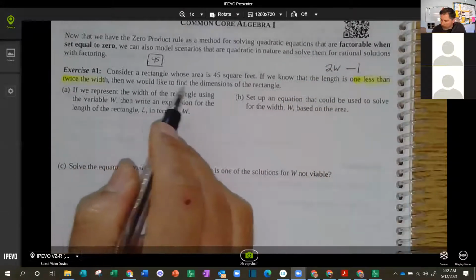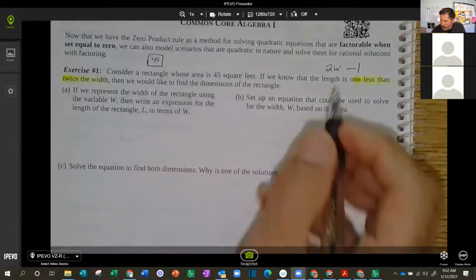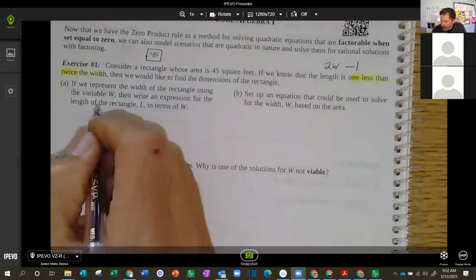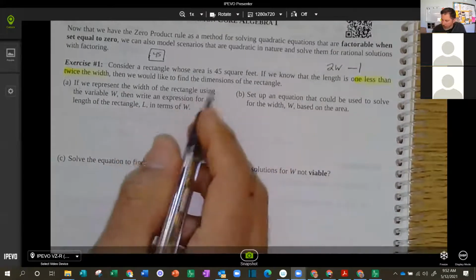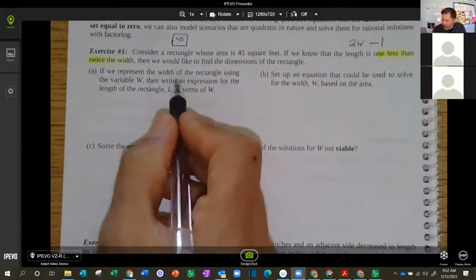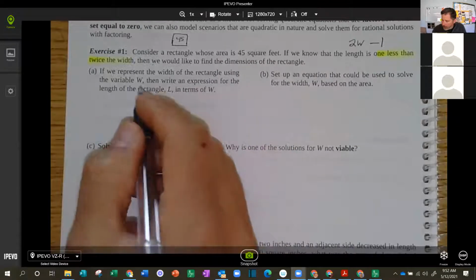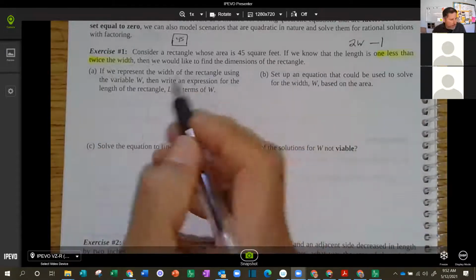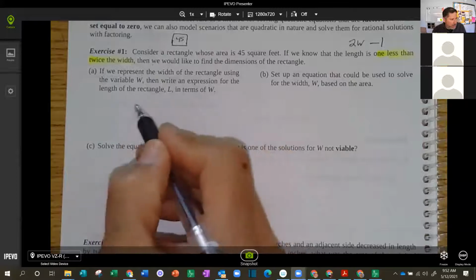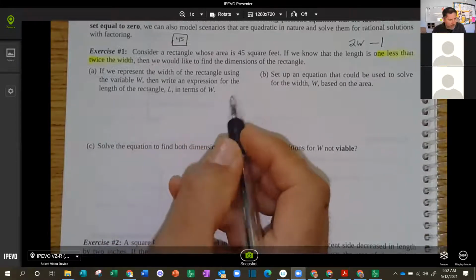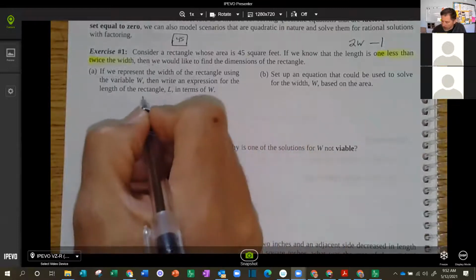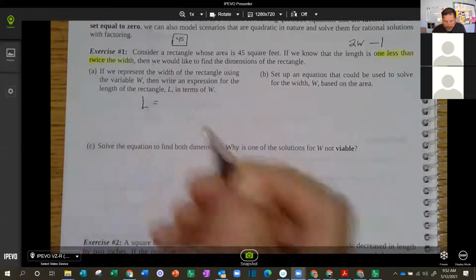Then we would like to find the dimensions of the rectangle. So if we know the length is 1 less than twice the width, we'd like the new dimensions. If we represent the width of the rectangle using the variable w, which I already did up here, then write the expression for the length of the rectangle L in terms of w. I think you know what we're trying to do. We're trying to say, what is L in terms of w?